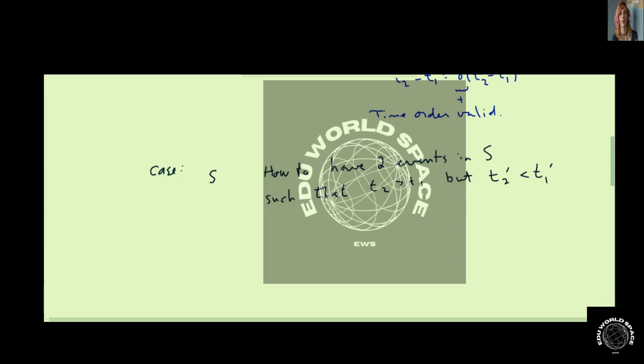Is it possible that you can have one type of ordering in S, but a different ordering in S prime? We'll see what the conditions are, but the thing we're going to have to do is make the two events happen at different locations in the Earth frame.